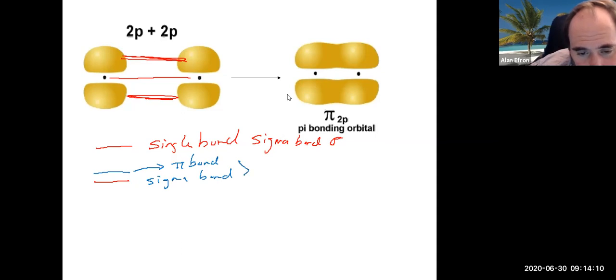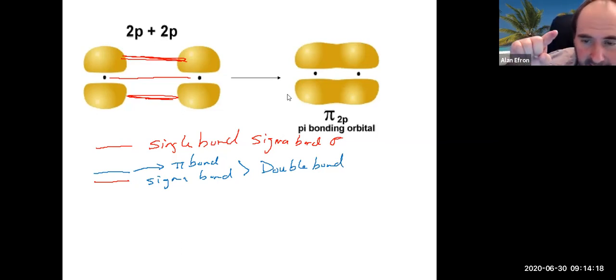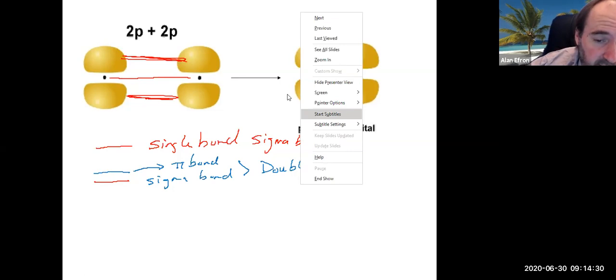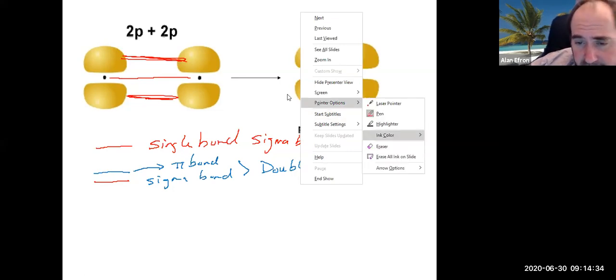So both of these together make a double bond. So when you have a double bond, the way you can visualize it is, the first line that you draw is a sigma bond. To make the double bond, the second line that you draw is the pi bond. And then obviously when you get to a triple bond, you have 3 bonds, or 3 lines, written there.